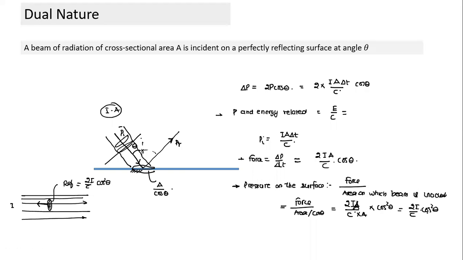That's the only point we understood. If I rotate the plate by an angle theta, the pressure becomes 2I by C into cos square theta. You understand the reason also why it becomes so.